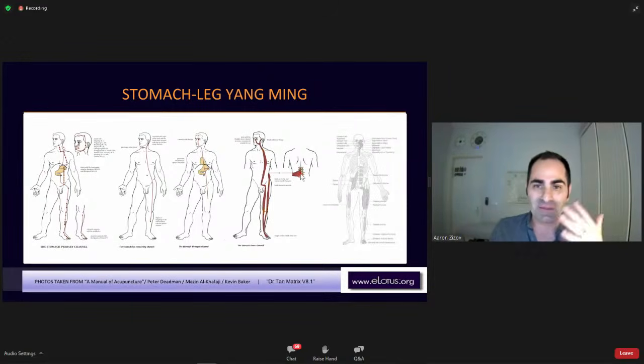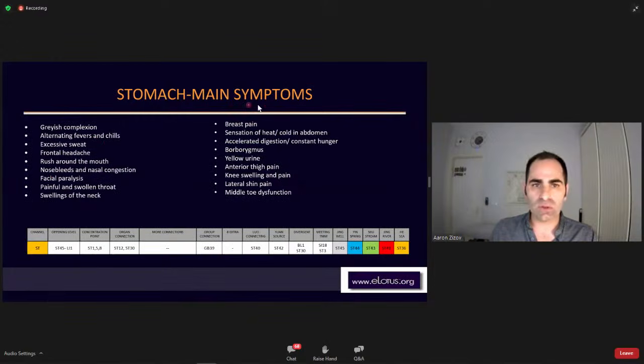Because it's the anterior part, we tend to forget that the stomach sinew channel has a branch also to the back, the lower back, the area of the waist. So we need to pay attention to that. It's the psoas, I mentioned the psoas muscle that goes through there, which is connected to the stomach. And then all the main symptoms and so on.